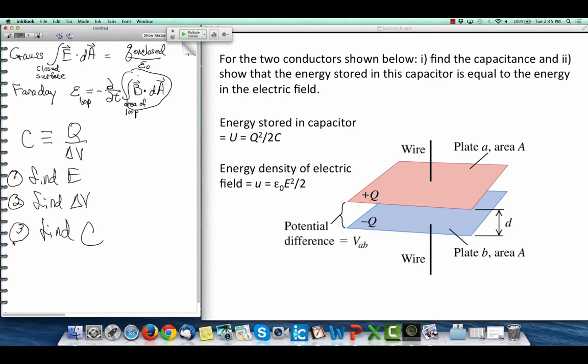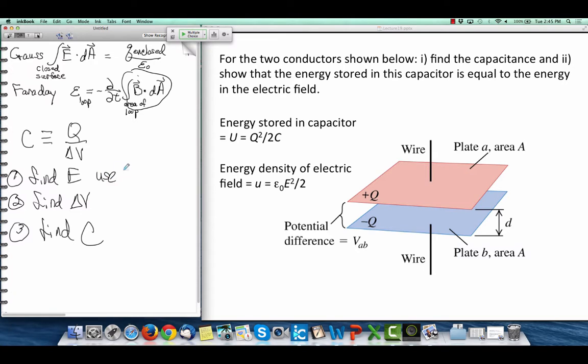Capacitance is Q over delta V. So how do you find delta V? Well, you know how to find delta V. You integrate the electric field. So I can find C if I could find delta V. I could find delta V if I could find E. How do I find E?